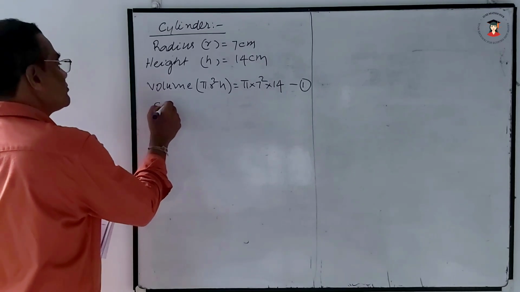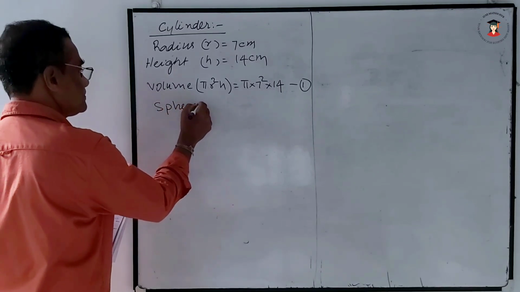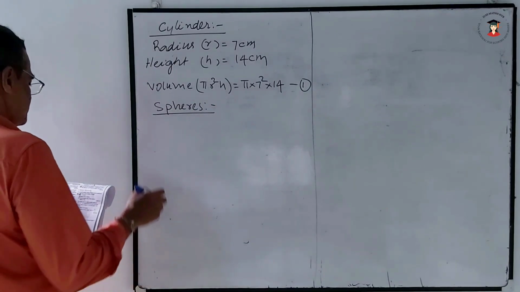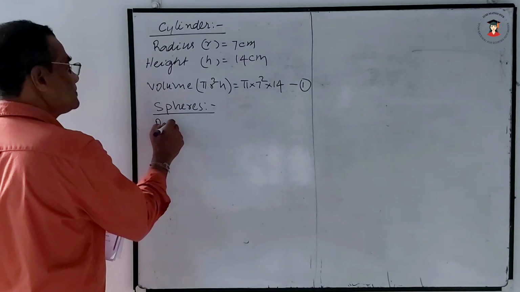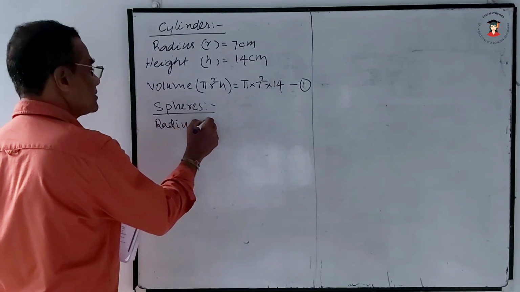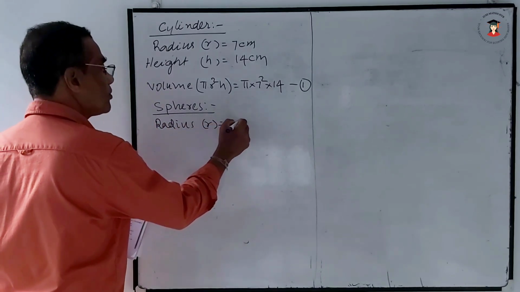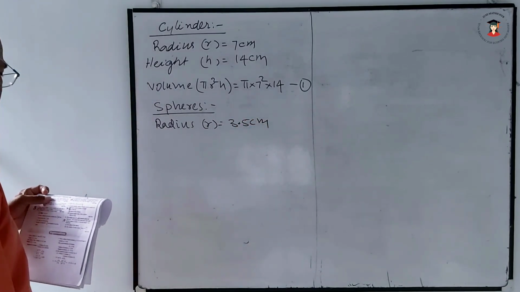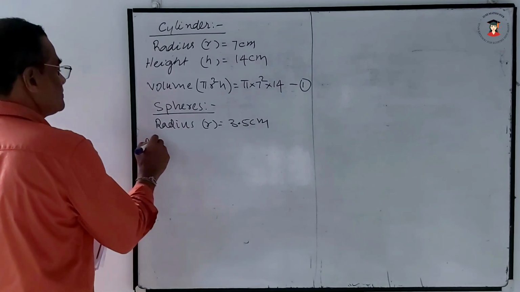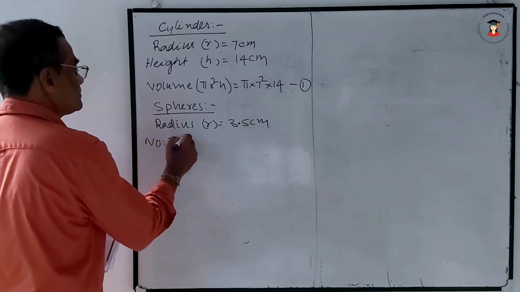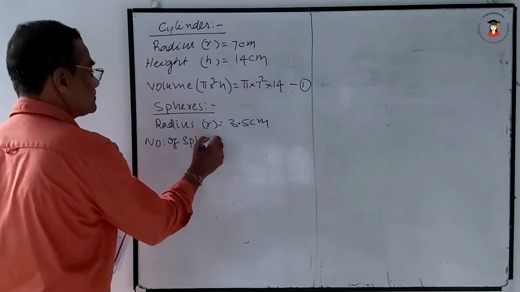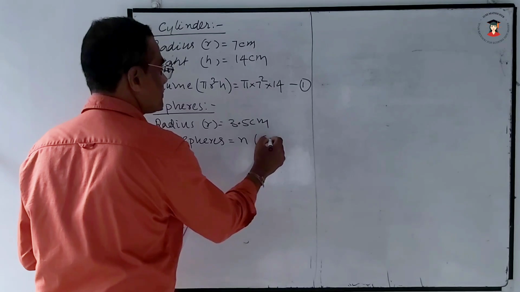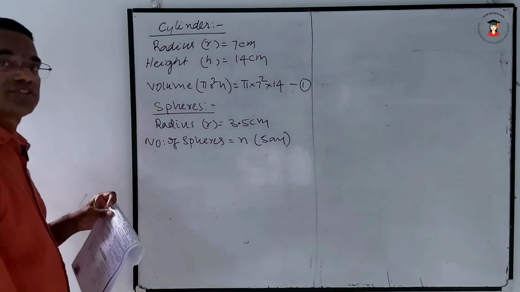Then next is spheres. Radius r is equal to 3.5 centimeter. Number of spheres is equal to n. Let the number of spheres be n.